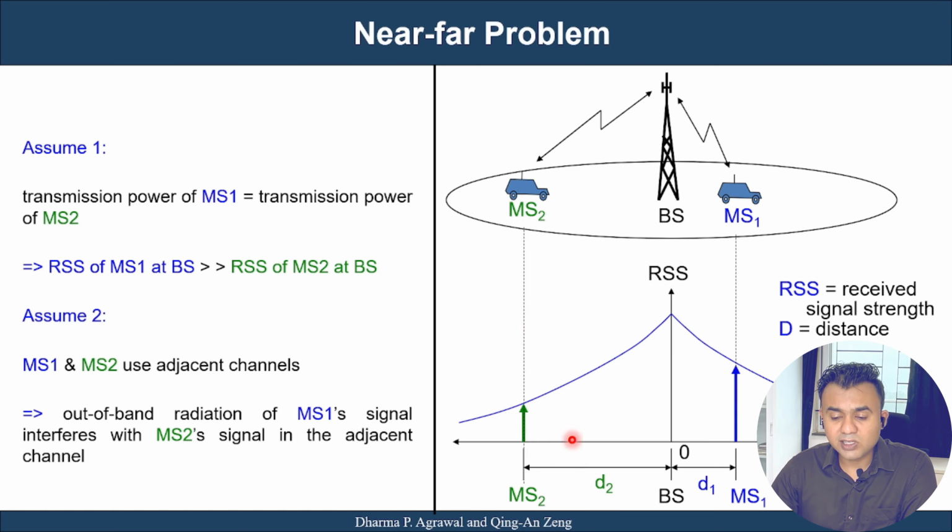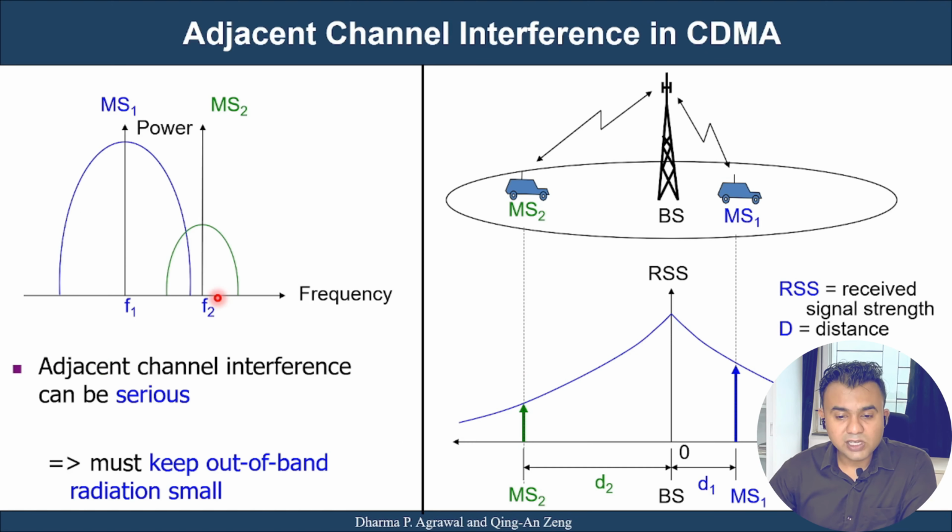Please note there is a separation of distance, but here they are using adjacent channels, so the frequencies are located adjacently and they will interfere because of the signal strength and the frequencies allotted. Look at this: this is my MS1 located here, and this is my MS2. They are using adjacent frequency channels such as F1 and F2, located beside each other.